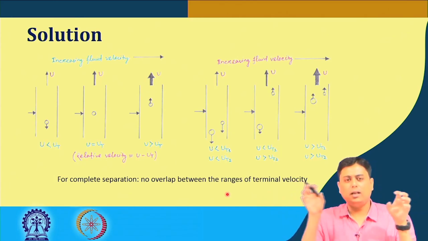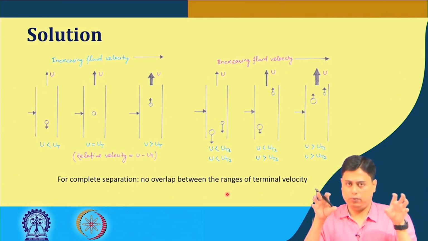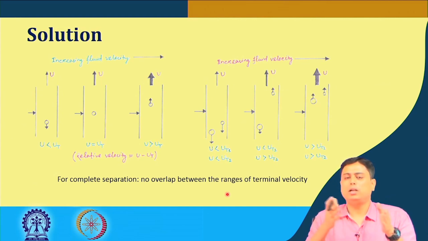We should check these UT values and check whether there is overlap or not. If there are overlaps, then complete separation is never possible. If there is no overlap, complete separation is possible. So that actually answers the first part.